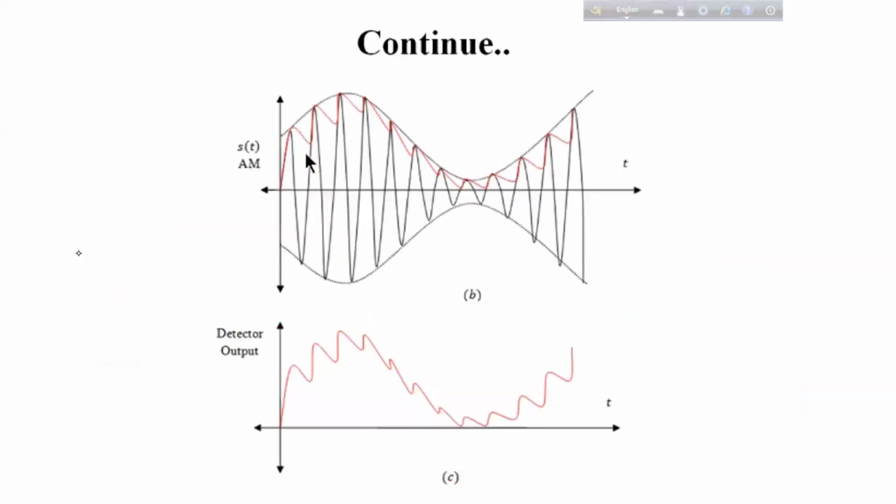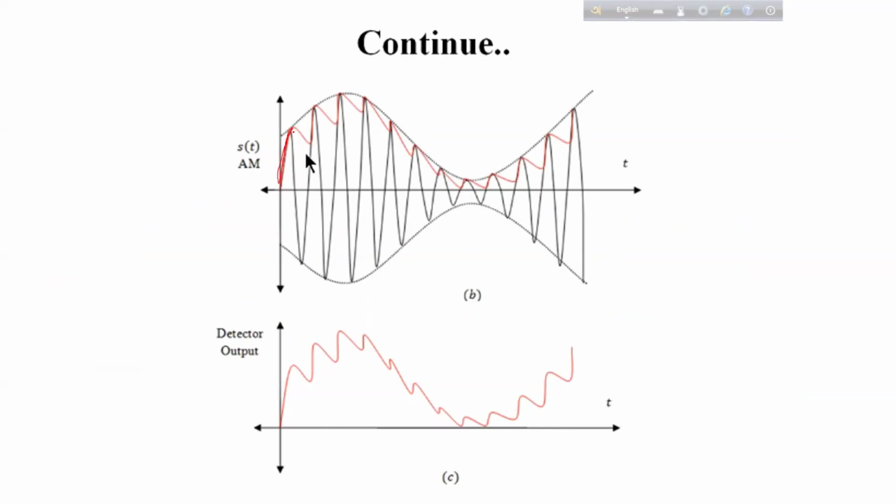Here you can see the figure clearly. The black line shows the modulated signal. The red line shows the output of the detector. So when the input voltage is positive, the capacitor is charging.